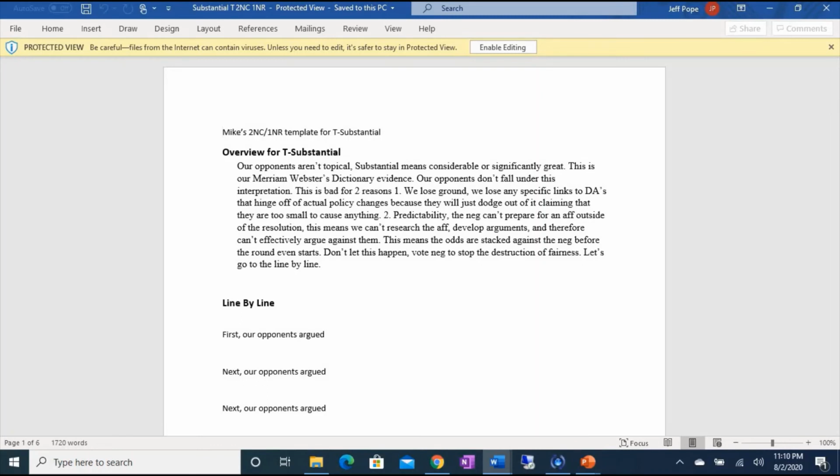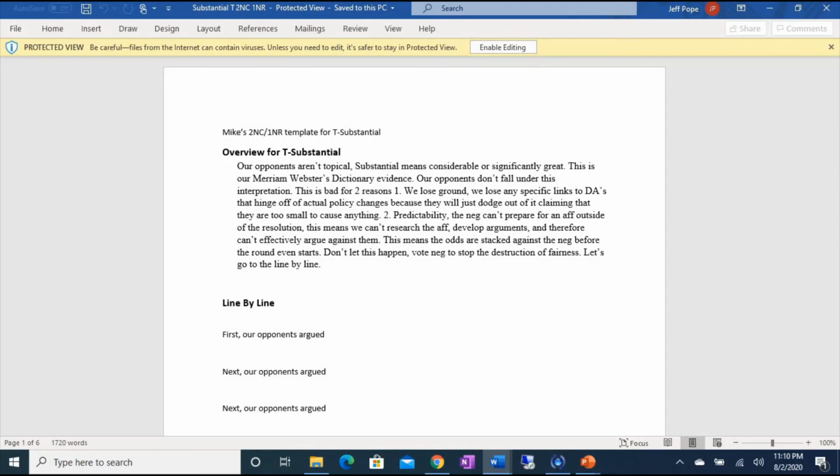Now, this overview does a lot of the things that the previous overview didn't do. For example, it talks about why the argument matters. It outlines the impact arguments in great detail and talks about how the affirmative not being topical doesn't allow for a fair playing field for the negative. It explains how the judge should evaluate that argument, essentially vote neg, stop the destruction of fairness, as this is written.